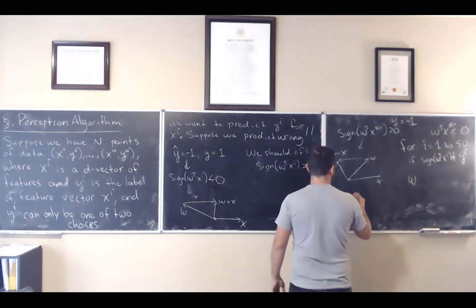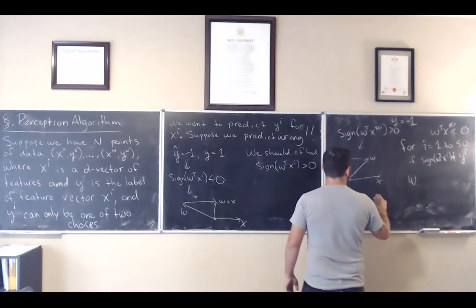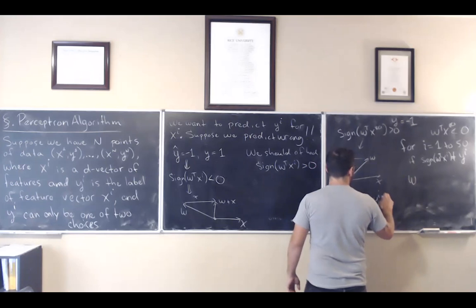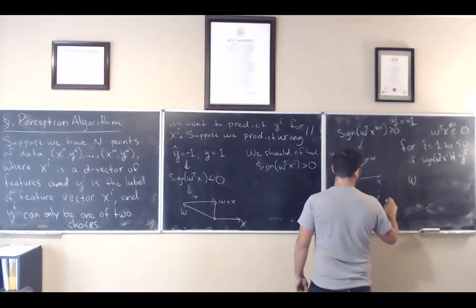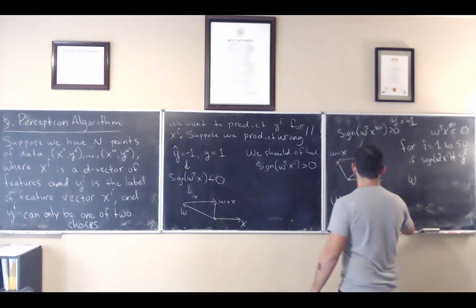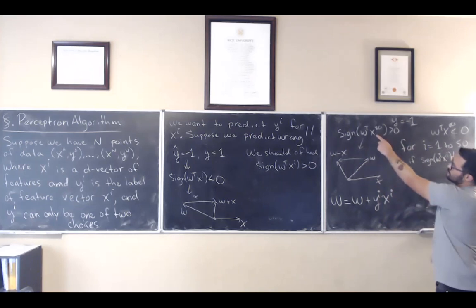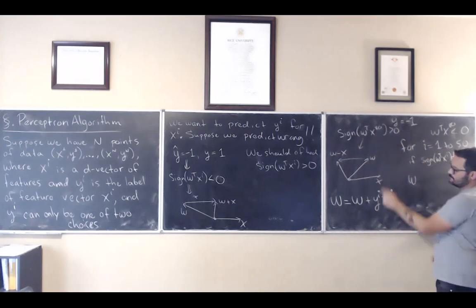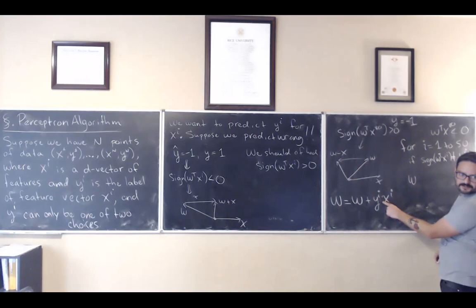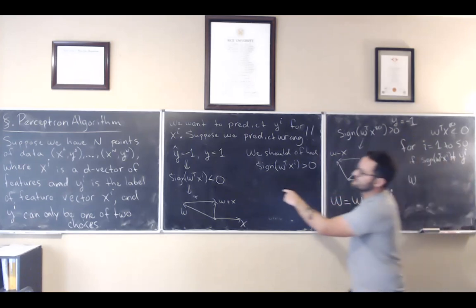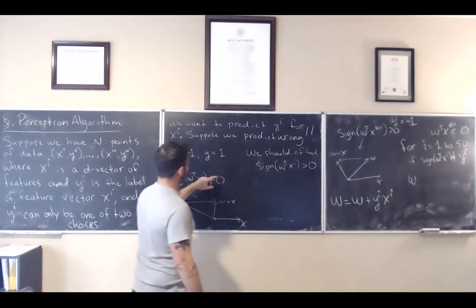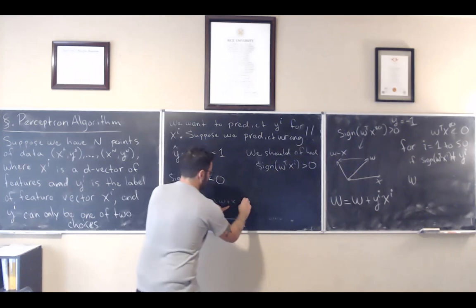W is equal to w plus yi times xi. Because if we predicted positive, but it should have been negative, we want to subtract off x. If we predicted negative, but it should have been positive, we want to add x, right?